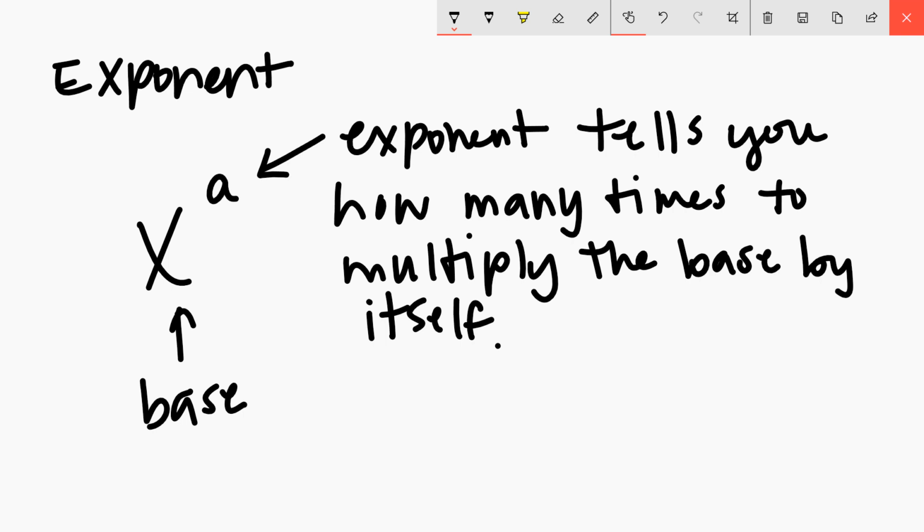Meaning, for example, if I had 5 to the third power, that's telling me I need to take my base of 5 and multiply it by itself 3 times. And that's what exponents do.